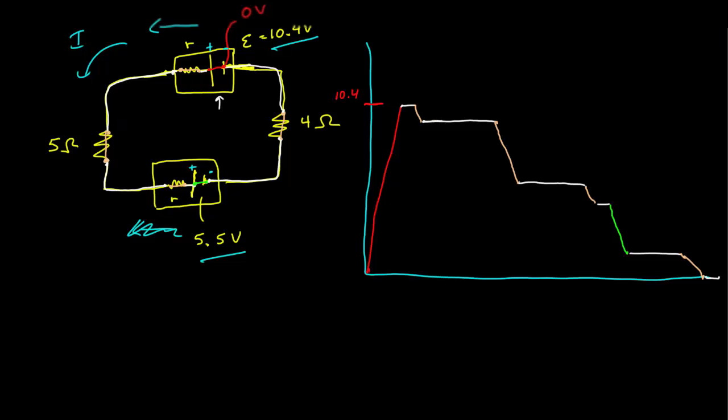Okay, so this now is what the potential as a function of position going around the circuit looks like. I've got this large increase due to the first EMF, a drop for the internal resistance, a drop for the first resistor, a drop for the second internal resistance, a drop for the second battery because I'm going through the battery from high to low potential, and then the final drop for the final resistance.